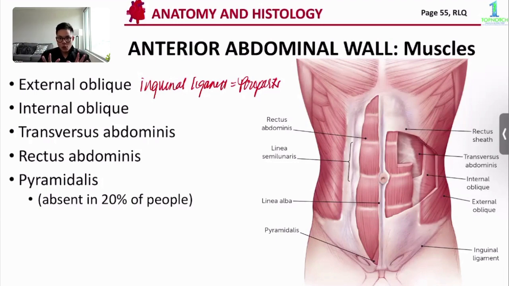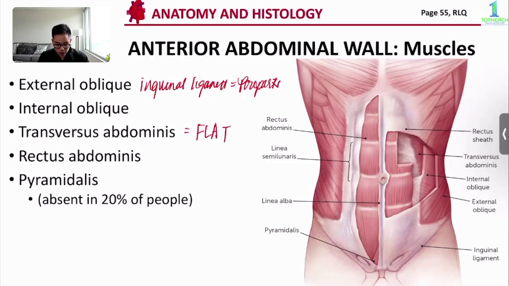Okay, Poupart's ligament. Now, underneath your external oblique, no brainer, it's going to be your internal oblique, and it's described to be going upward in a medial sense. Underneath it would be your transversus abdominis muscle. A previous board exam question was which of the following is a flat muscle, which is a description of your transversus abdominis muscle.